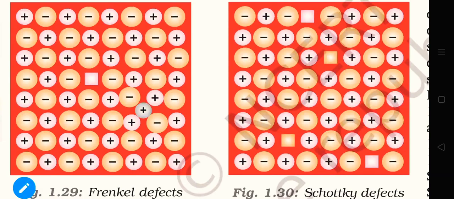That means per 10 raised to 16 ions we have one Schottky defect, which is a comparatively negligible amount, a very low percentage of defect, but this defect will increase with increasing temperature.